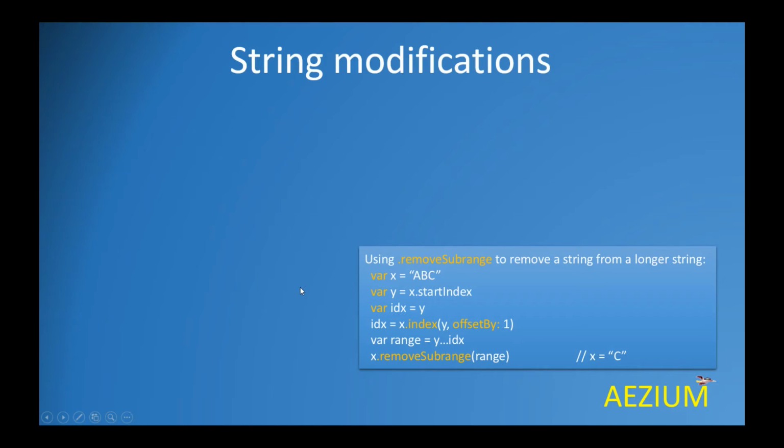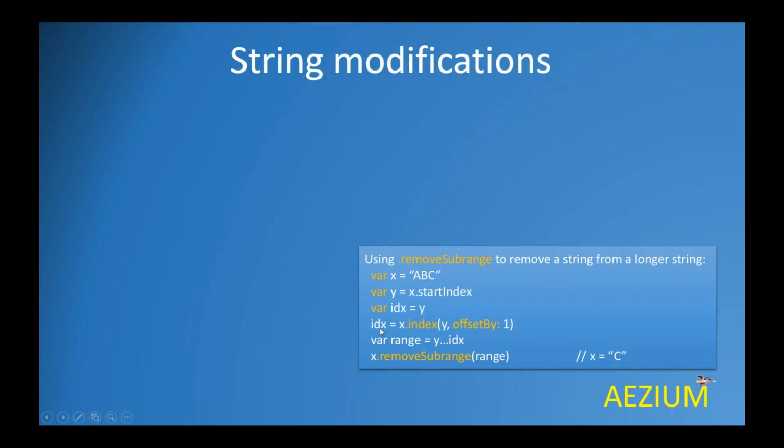Finally, we can remove a string, or let's call it a substring, from a longer string. The way to do that is to use the keyword dot remove subrange. Again, these are just the familiar variables that we have declared in the previous example. Again, the assignment of y to idx is not necessary.